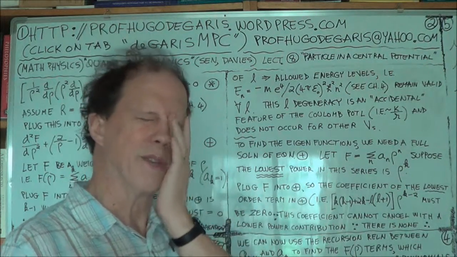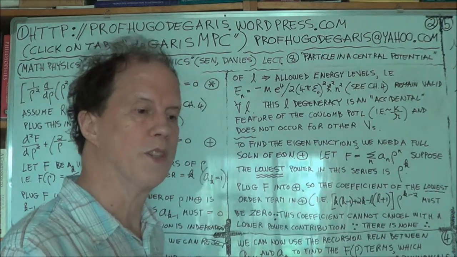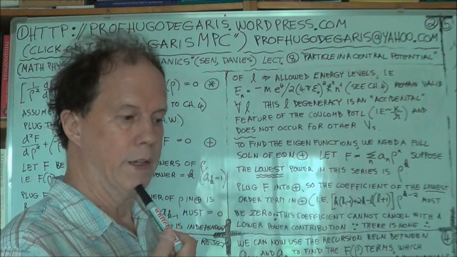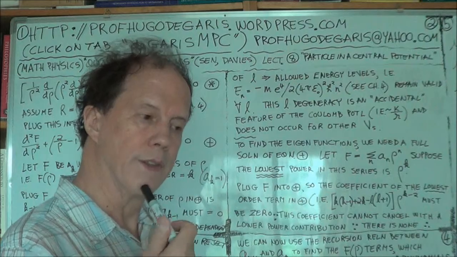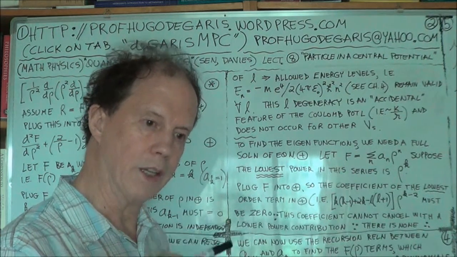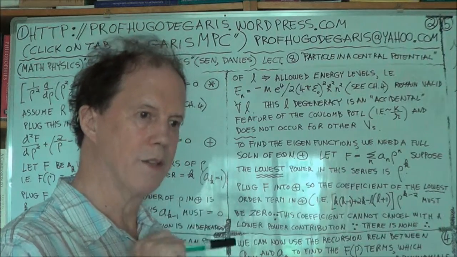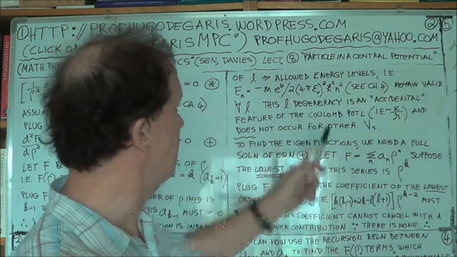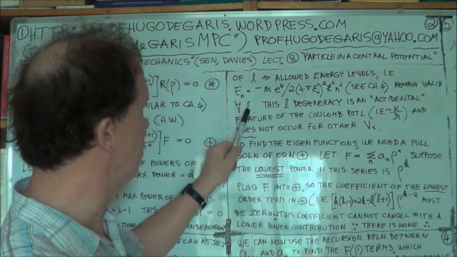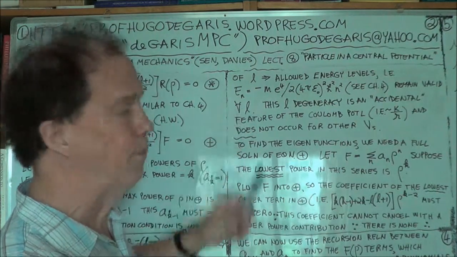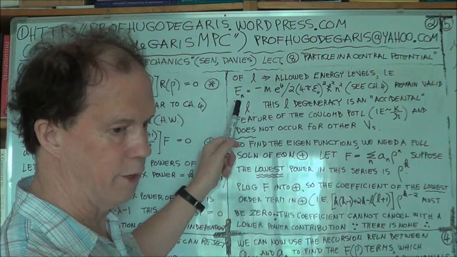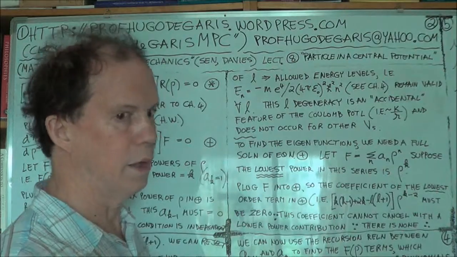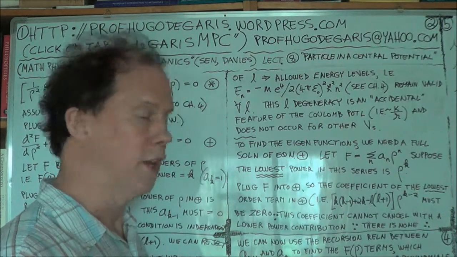Remember, we've said this several times, but reinforcement's good. What is degeneracy? Degeneracy in general is when you have different eigenfunctions for the same eigenvalue in an eigenequation. Okay? In this case, the energy eigenvalue is this, and you can have different eigenfunctions corresponding to different values of L. But those different eigenfunctions with different values of L all have the same eigenvalue for the energy, right?